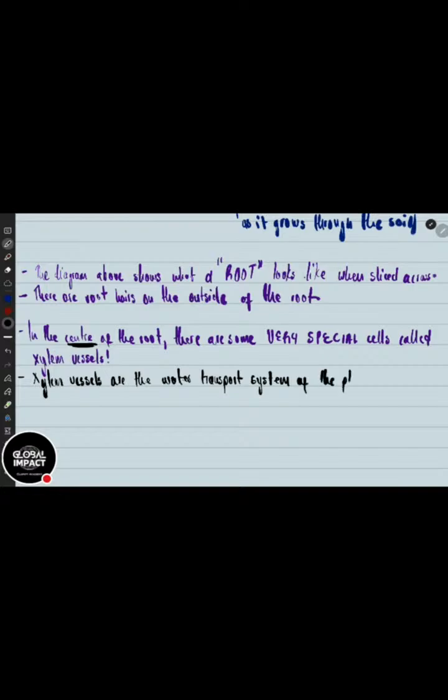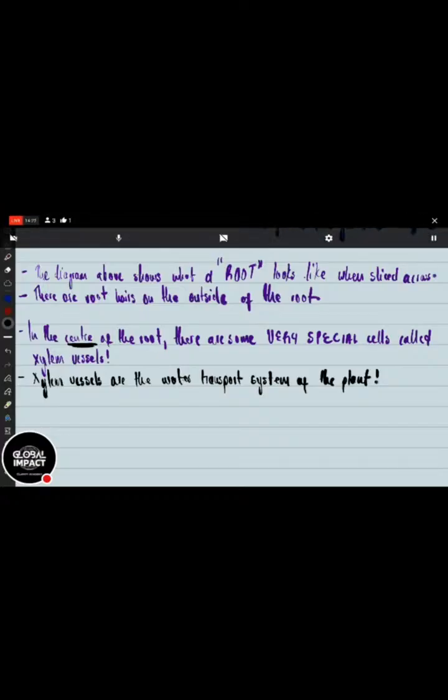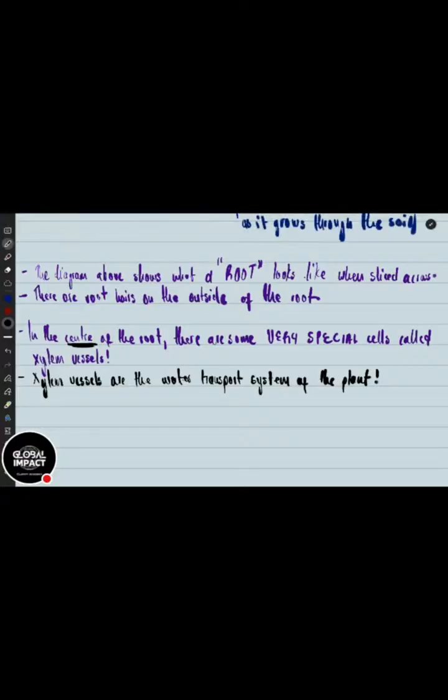So you've just learned that there's something called a xylem vessel. It is the water transport system of the plant, and we find them at the center of the root. We'll see them in stems, but here we're starting with the root. We'll keep going.